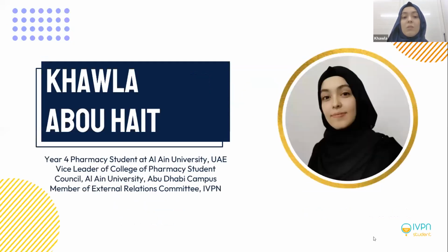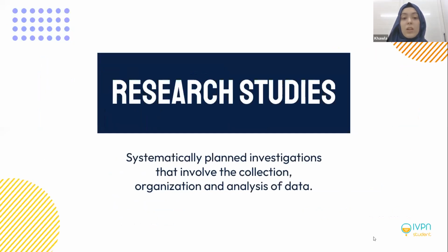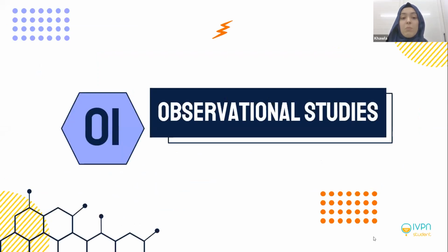So first off, and in brief, research studies are in-depth or intensive investigations of a specific subject or question involving observation, collection, as well as analysis of data for the purpose of increasing knowledge about a specific topic or answering questions. Now, types of research may be divided into two main types, observational and experimental, and I will be starting off with observational studies.